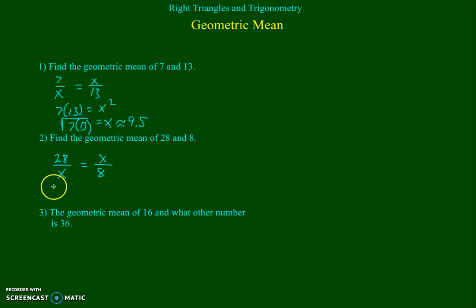Again, we're going to cross multiply. 28 times 8 equals x squared, and then we square root both sides. In this case, we're going to come up with x equals the square root of 28 times 8. This is the square root of 224, so we're going to have to simplify that.